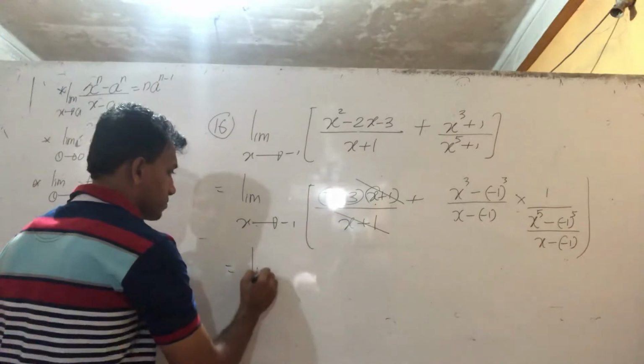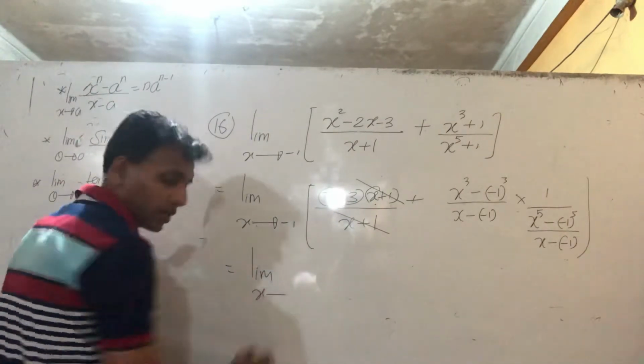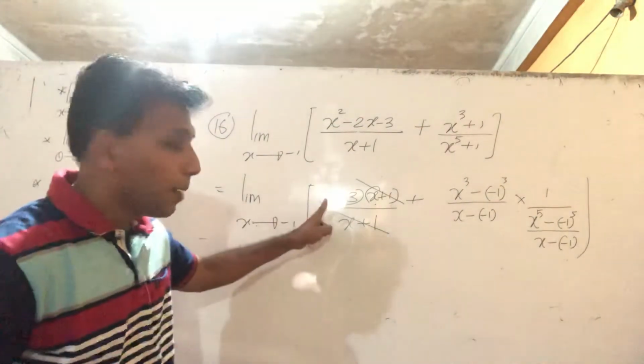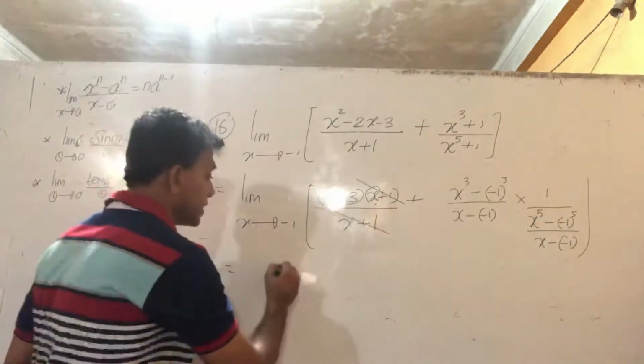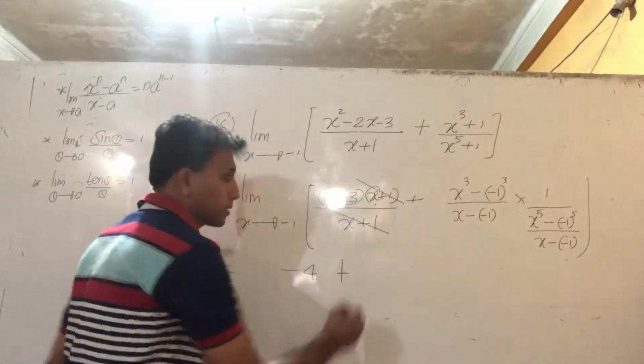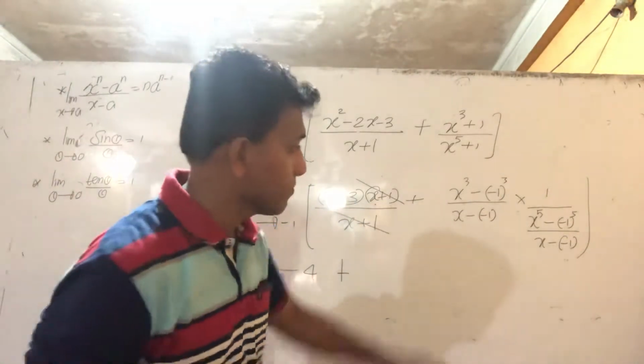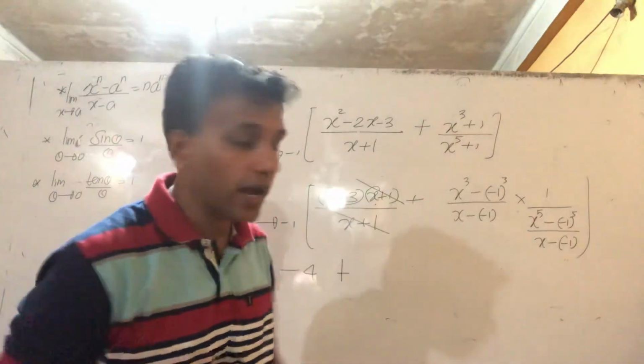Limit x tends to, we can write the rule straightly. That's all. Put x as minus 1: minus 1 minus 3 is minus 4, plus. Here apply the algebraic theory of limits: n a to the power n minus 1.